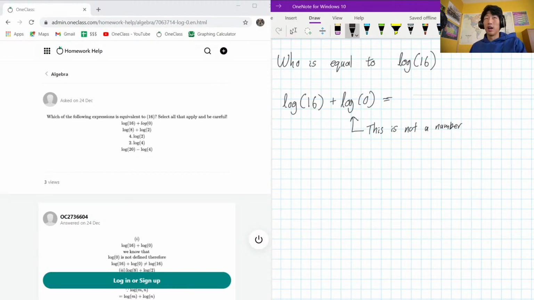Keep that in mind. If you try to put log 0 in your calculator, it's going to say, that's an error, buddy. It's not going to work out. And we can't add errors to numbers. So because this is not a number, this expression is invalid as a result.